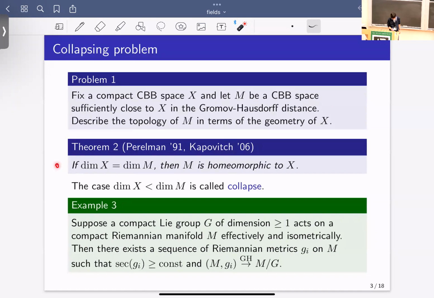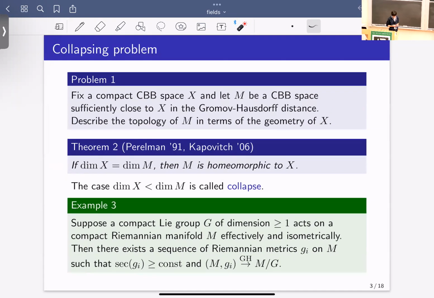In this case, the topology of M is uniquely determined by that of X. Okay. So the problem is when the dimension of X is strictly less than the dimension of M, which is called collapse. In this case, the topology of M changes dramatically through the convergence.